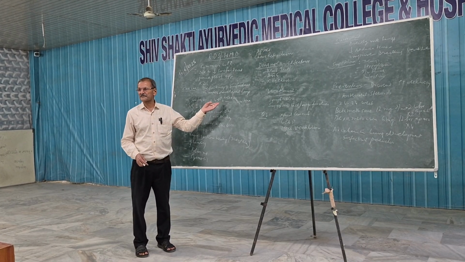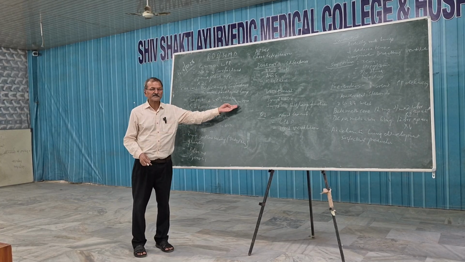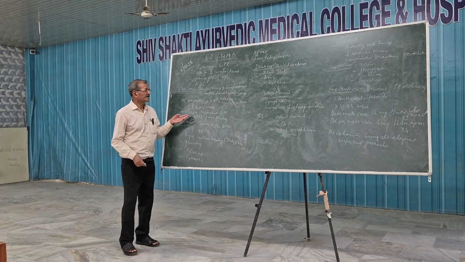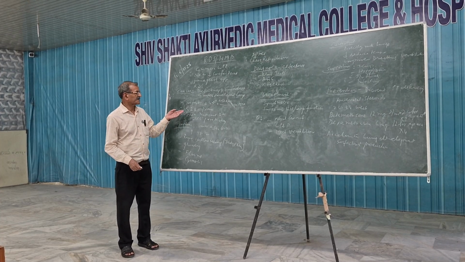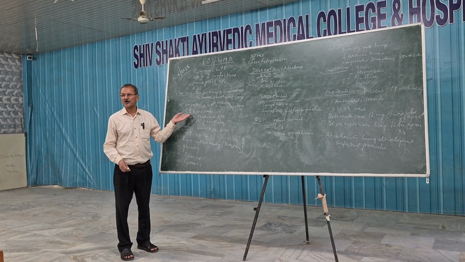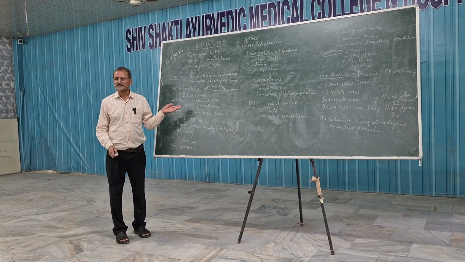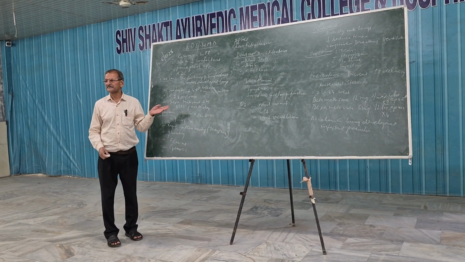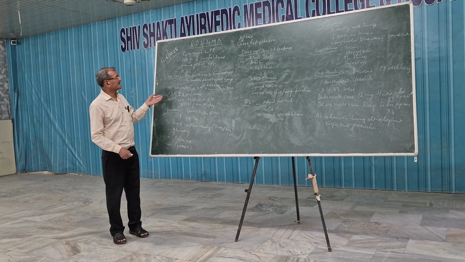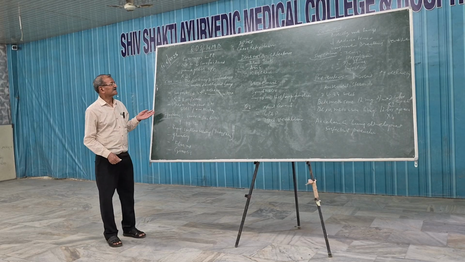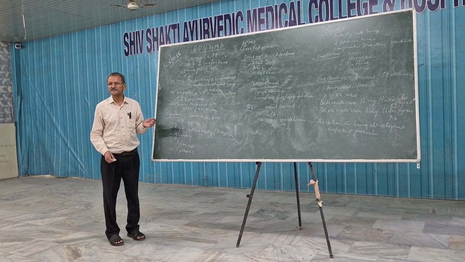Here the surfactant production starts and maximum at 34 weeks. So if a child is born say around 28 weeks of gestation, then the surfactant level will be less. So such children are likely to develop this respiratory distress syndrome.